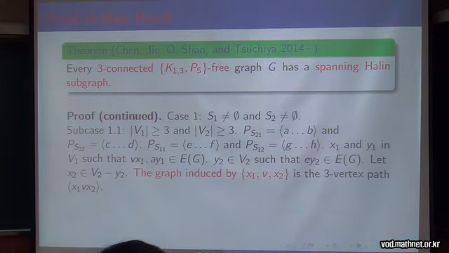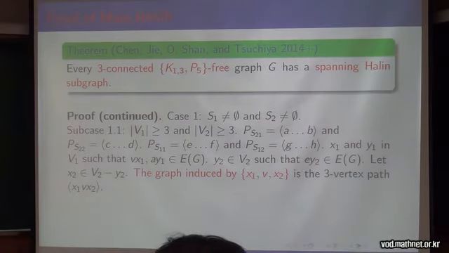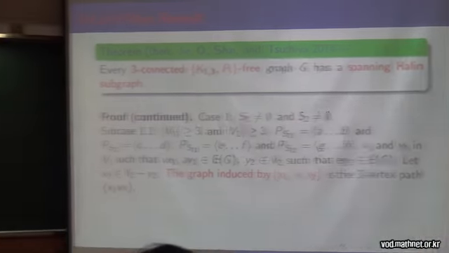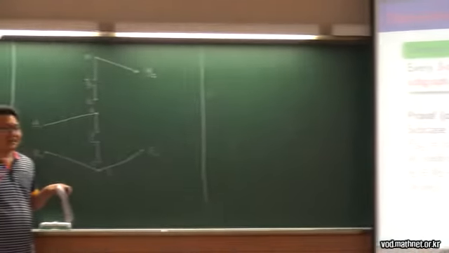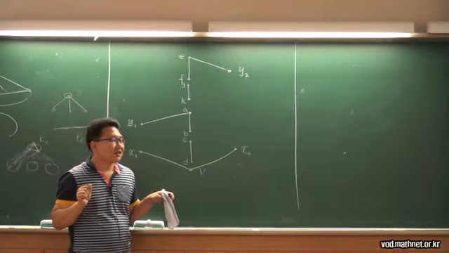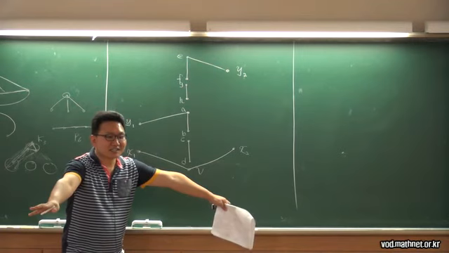Our goal is to find a spanning Halin subgraph. A Halin graph consists of 2 parts, a tree and a cycle. So we need to find non-leaf vertices adjacent to all other vertices.